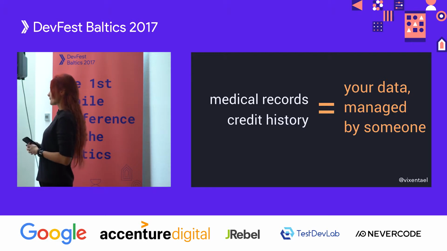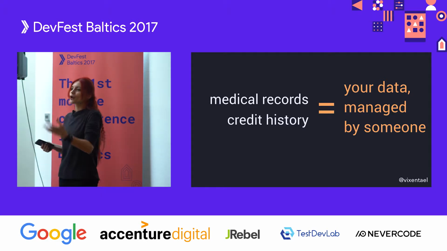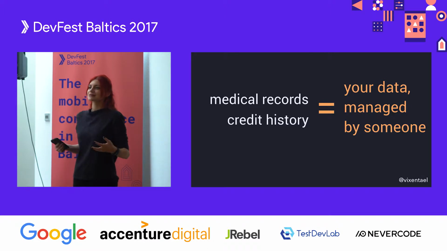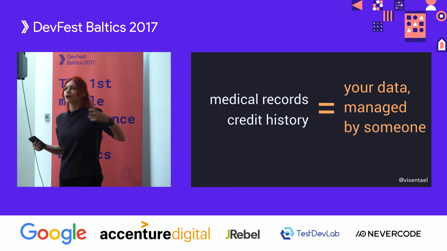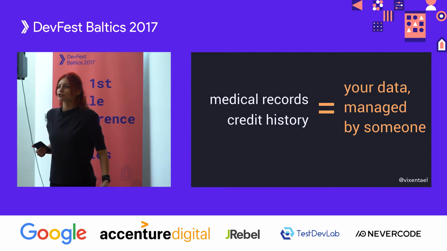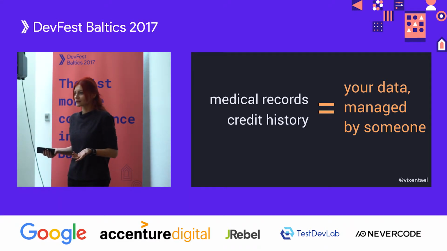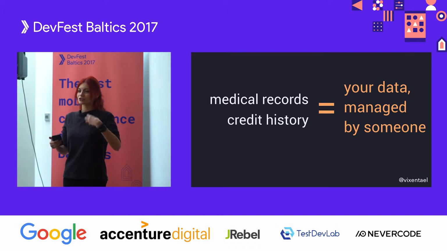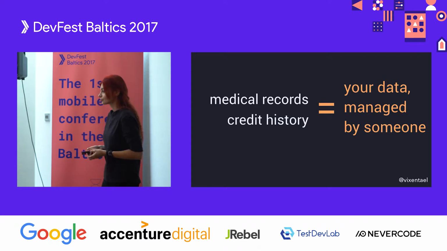For example, you want emergency doctors to have access to your list of allergies, to your list of surgeries, to your x-rays, right? But you do want to share this information only with some doctors and in some particular cases.